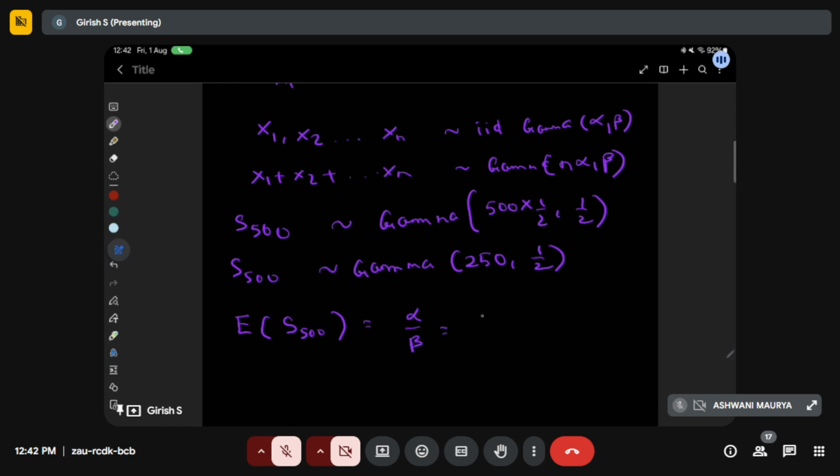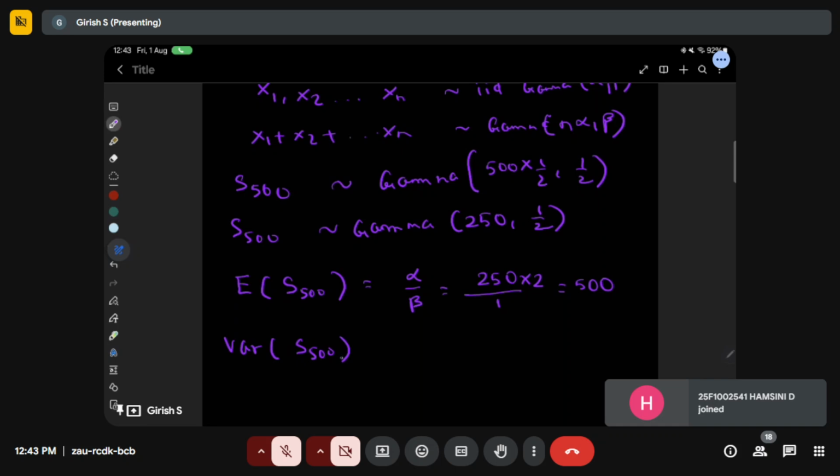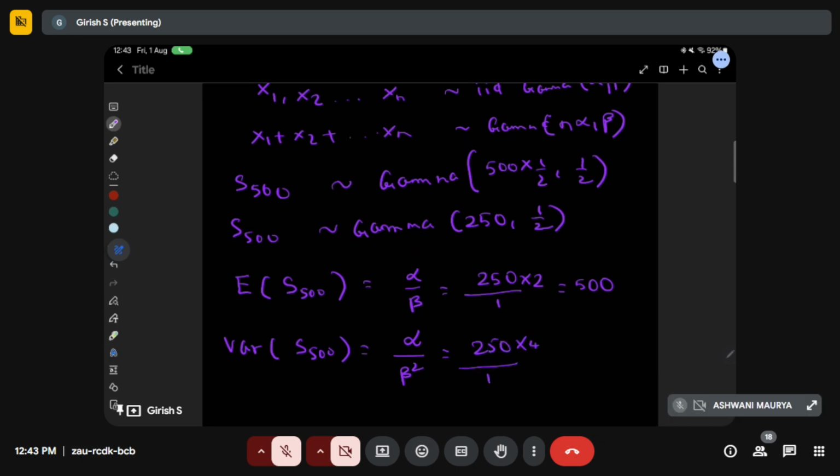So that is alpha by beta, which is nothing but 500, and the variance is alpha by beta square, which is 250 by 1 by 4, which is nothing but 1000.